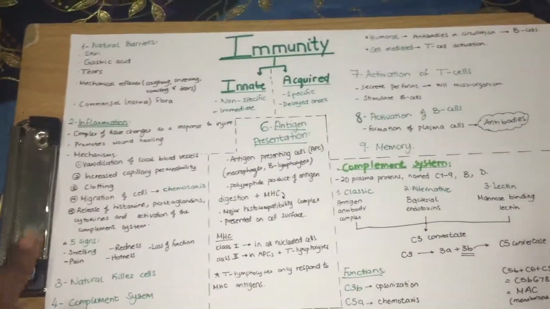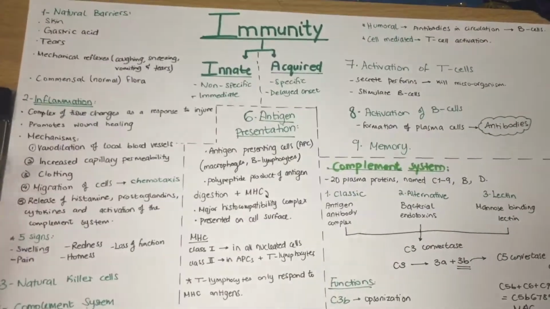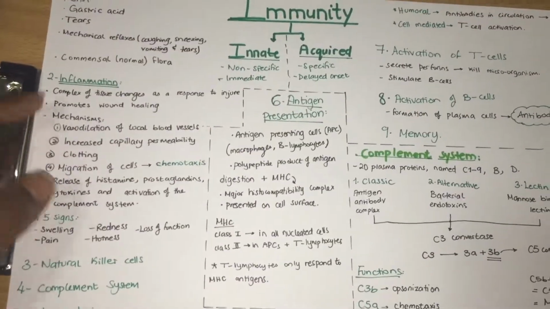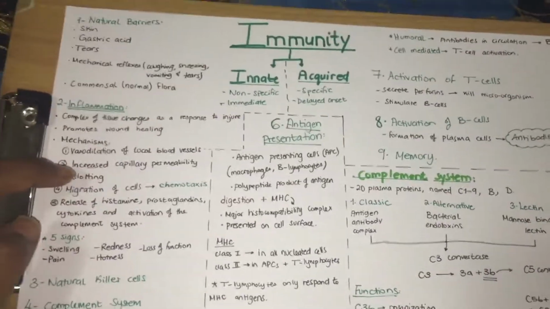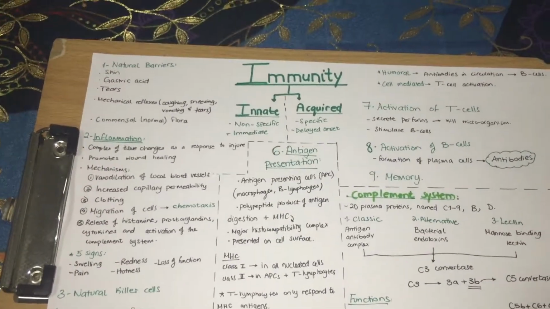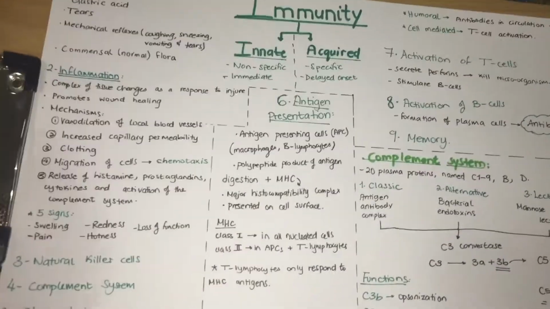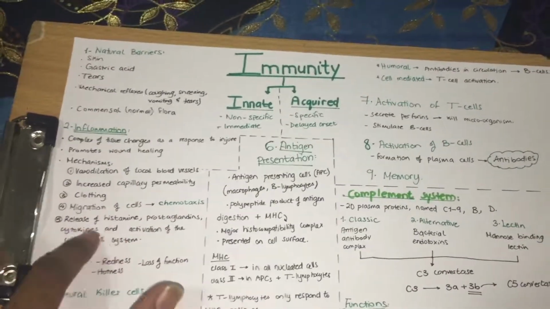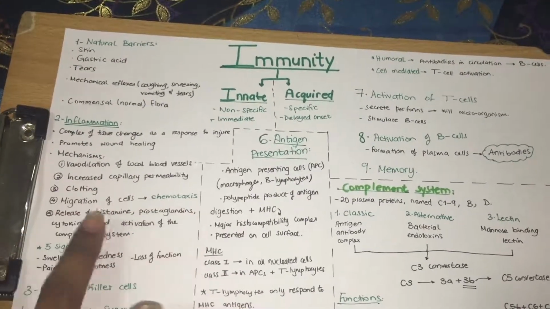Then we have inflammation, which is if this foreign body damages a cell, the cell is going to go through all of these events. These events help with, first of all, if it's an injury, it'll help clot and close the injury. If it's not an injury, it'll help attract more white blood cells to the area, and it'll also release other substances which help, such as histamines, prostaglandins, and cytokines.